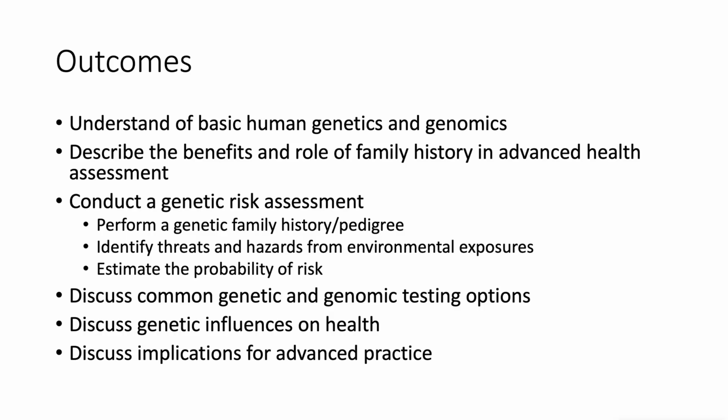Outcomes for this lecture are for students to understand basic human genetics and genomics, to describe the benefits and role of family history in advanced health assessment, to conduct a genetic risk assessment, performing a genetic family history and pedigree, to identify threats and hazards from environmental exposures, and to estimate the probability of risk.